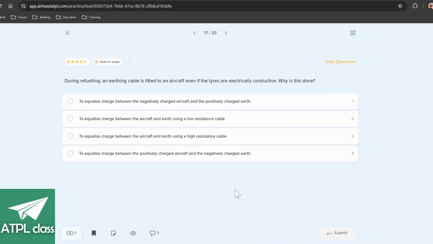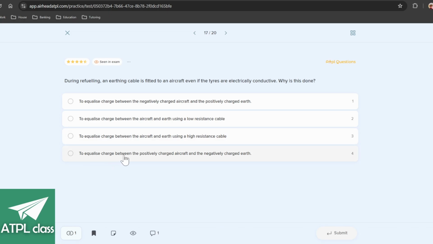Question 17 then. During refueling, an earthing cable is fitted to an aircraft even if the tyres are electrically conductive. Why is this done? To equalise the charge between the negatively charged aircraft and the positively charged earth. To equalise charge between the aircraft and earth using a low resistance cable. To equalise charge between the aircraft and earth using a high resistance cable.